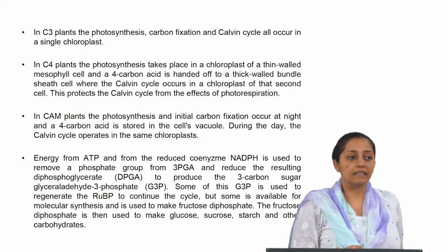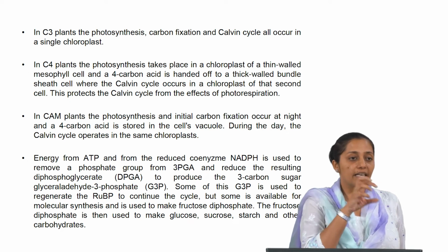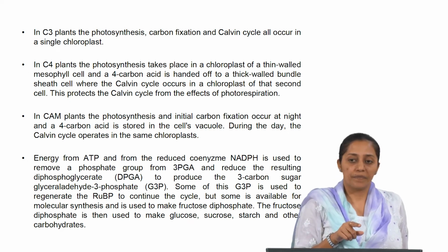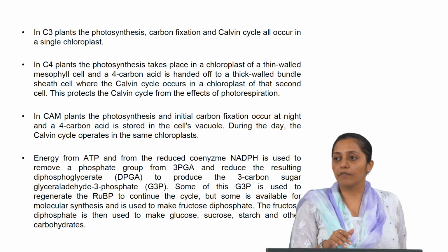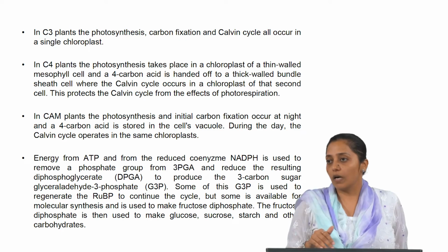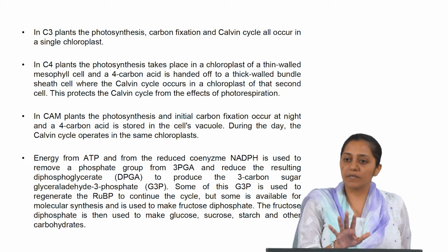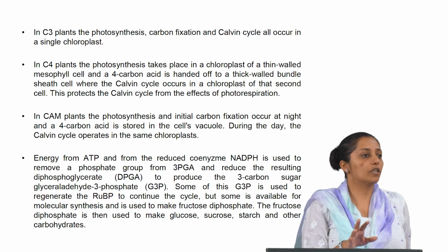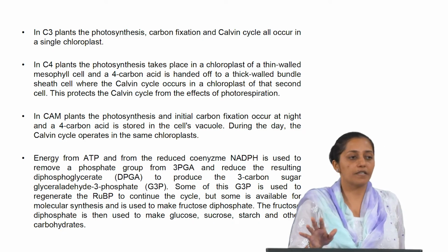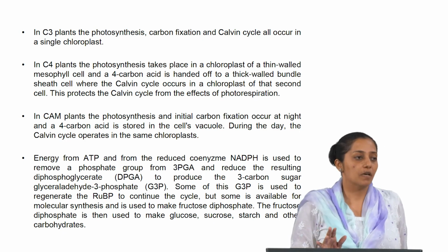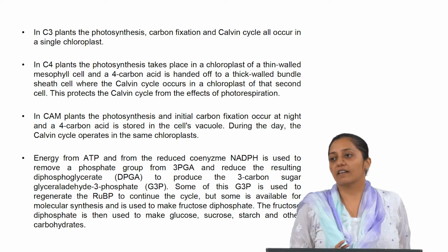In CAM metabolism, rather than opening in the early hours of the morning and taking in CO2 like C4 plants, these plants capture CO2 at night to form a 4-carbon molecule. And in the morning, in the same cells, this molecule is broken down and the dark reactions, fixing of the CO2 which is released, happen. So it is a temporal shift between the light and the dark reactions.